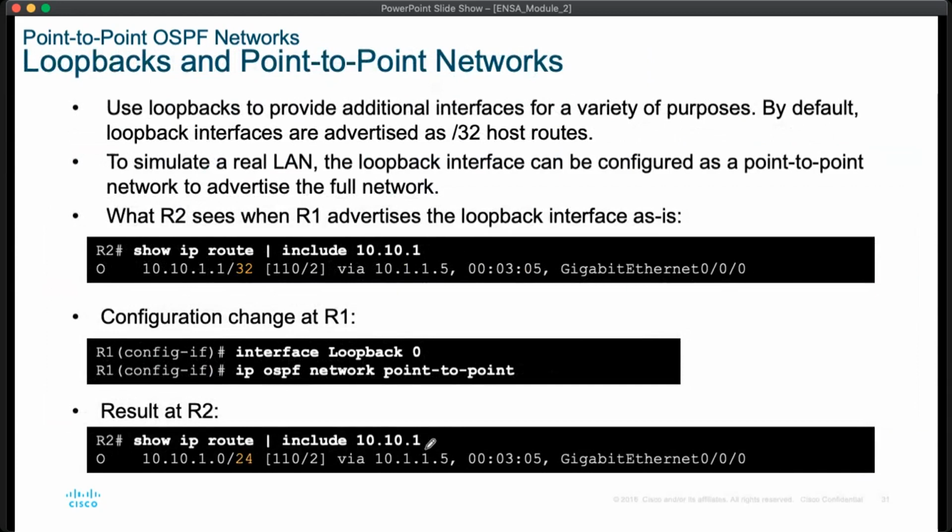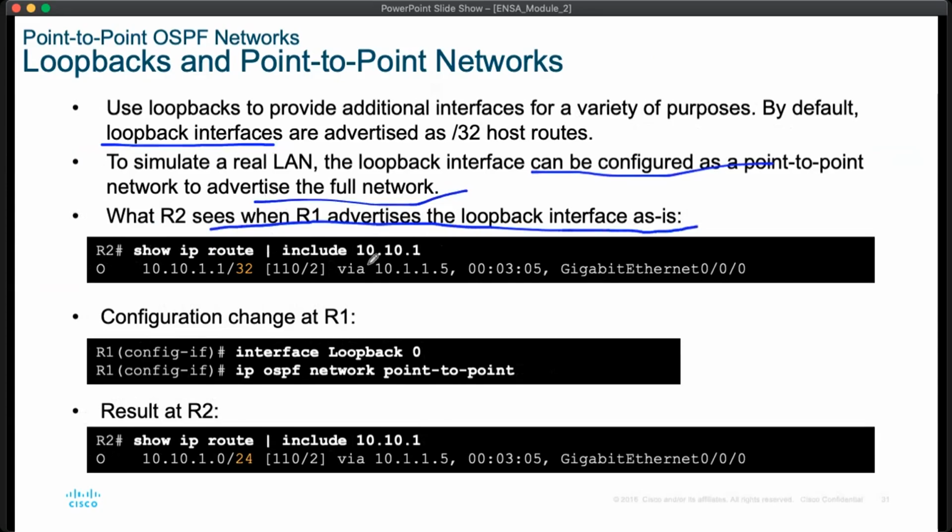Loopback and point-to-point network. Use loopbacks to provide additional interfaces for a variety of purposes. By default, loopback interfaces are advertised as /32 host routes. To simulate a real LAN, the loopback interface can be configured as a point-to-point interface to advertise the full network. What R2 sees when R1 advertises the loopback interface: show ip route, pipe include 10.10.1.